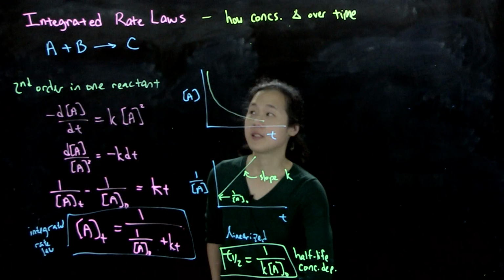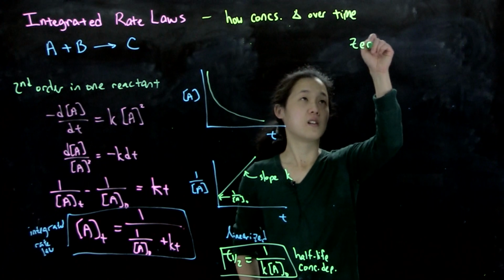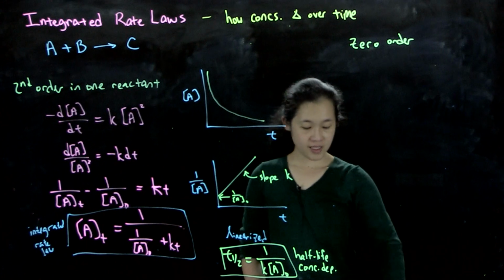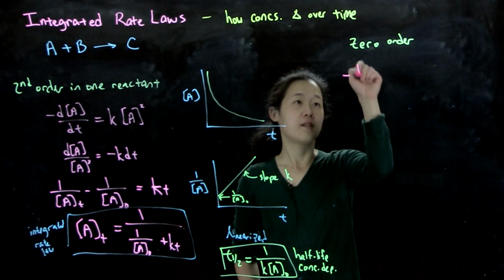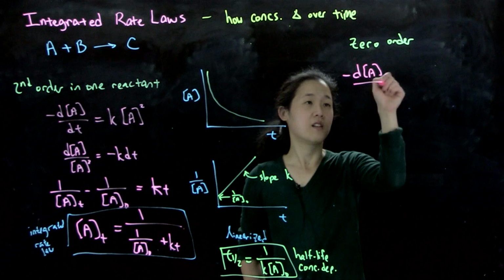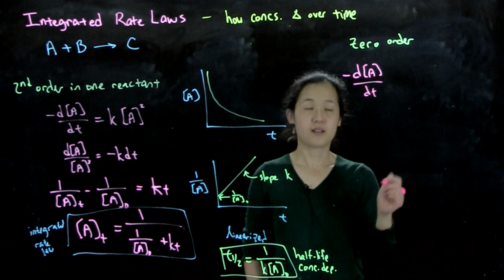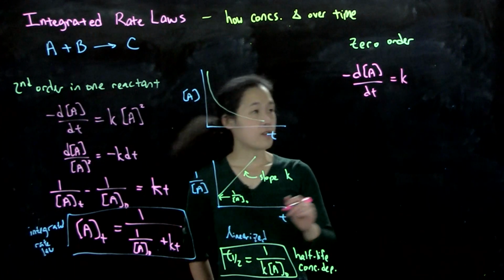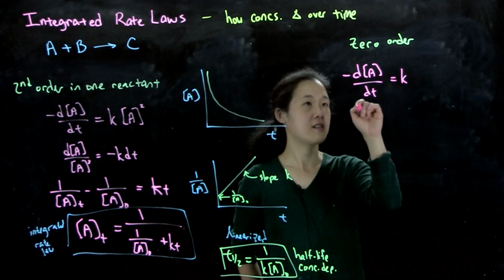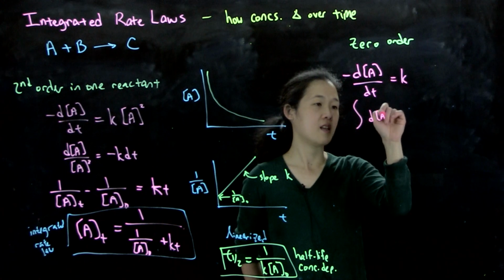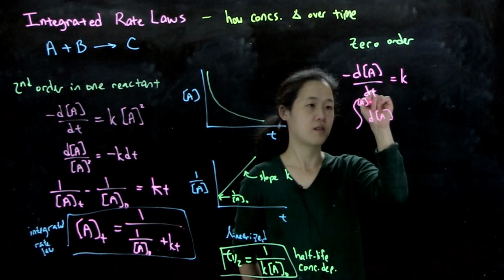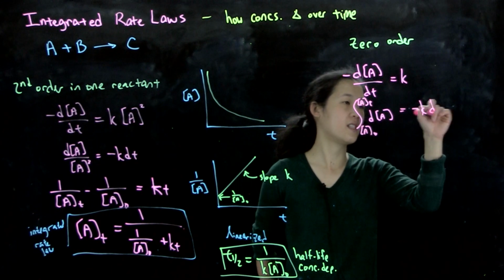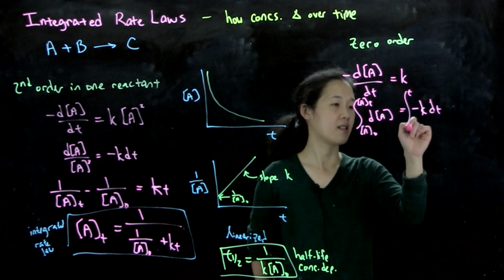OK, so zero order, lastly. In this case, what we're going to say is the rate of consumption of A is concentration independent entirely. So this will just be k. So obviously, what we can then do is integrate. So we'll integrate dA equals negative k dt, which we integrate from 0 to t.